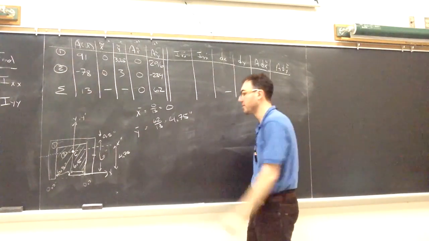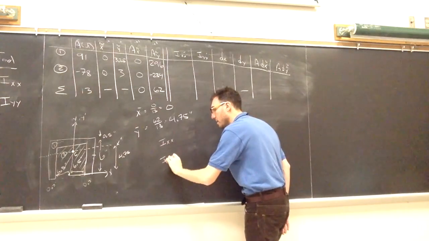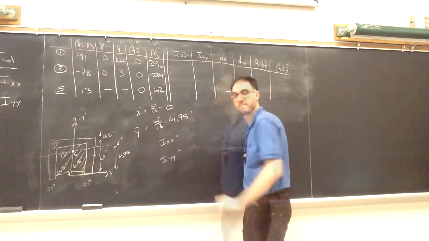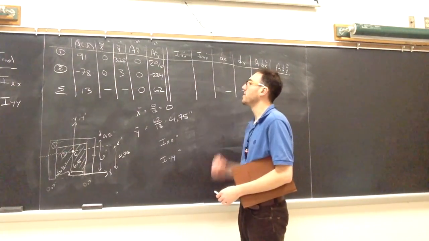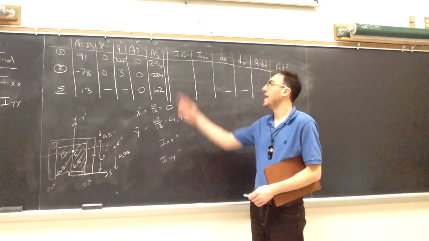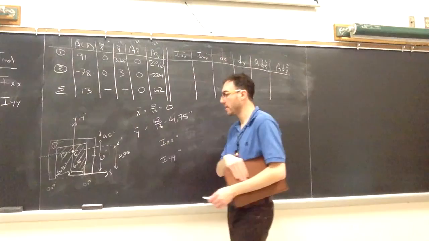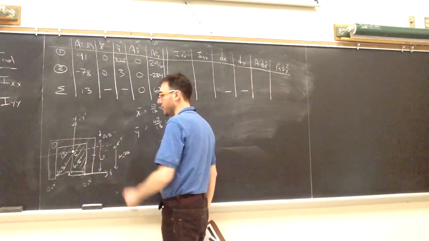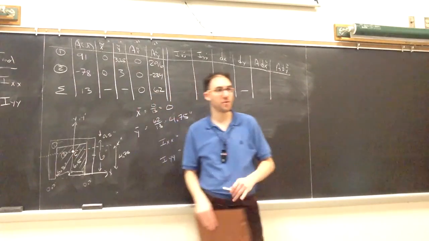Now I'll use that information to find what I really want in the end, IXX and IYY. For shape 1, we want to find the moment of inertia of shape number 1 about its own centroid, and that's the IXX prime. So again, we look at shape number 1, it's 6.5 inches tall, and it is 14 inches wide.